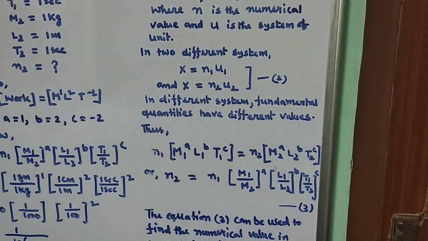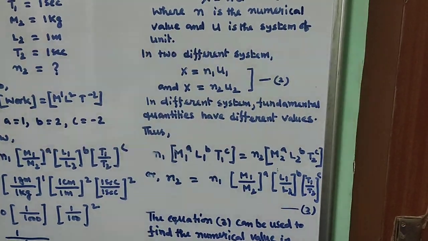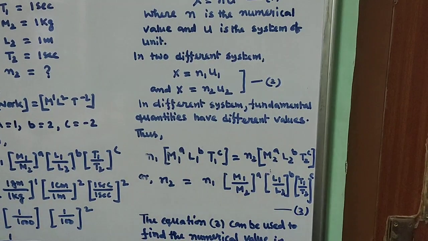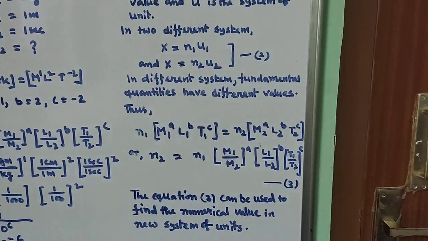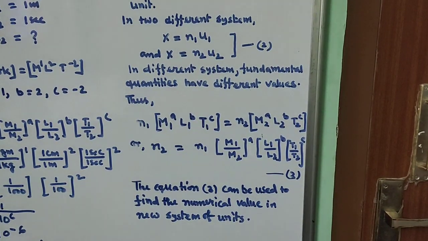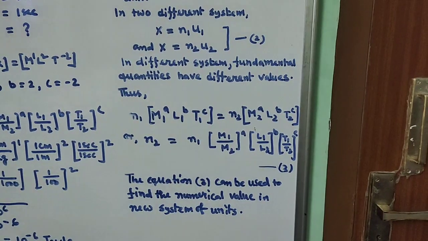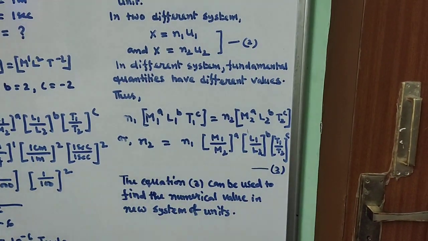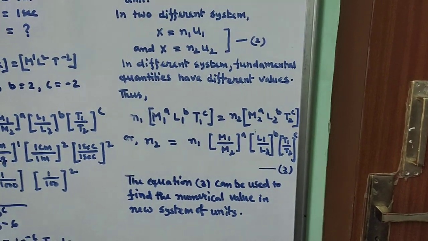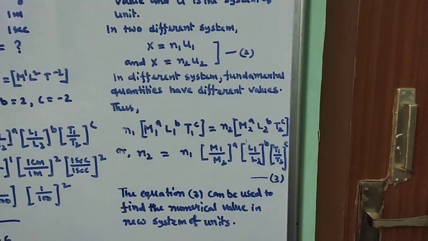So if you change the place, n2 equal to n1, after simplification, (M1 by M2)^a, (L1 by L2)^b, and (T1 by T2)^c. So this is a master equation which you are going to use for numericals, for numerical analysis. So equation 3 can be used to find the numerical value in a new system of units. In the new system we are considering n2, the numerical value you can find. n2 u2 is your new system.